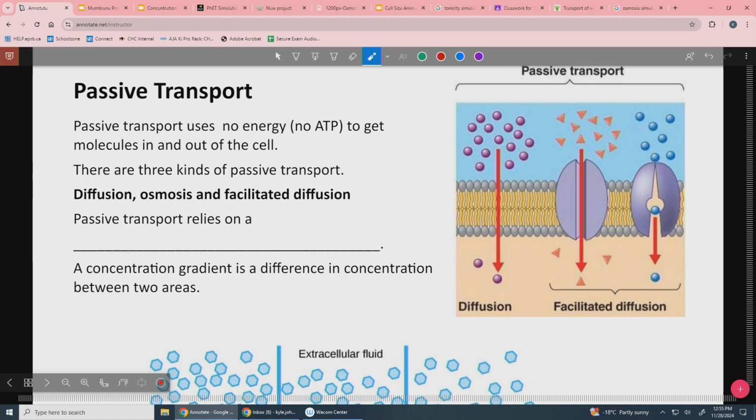Passive transport. Passive transport uses no energy. There is no energy required. Remember that ATP is our usable form of energy.